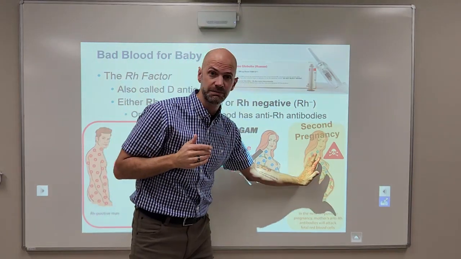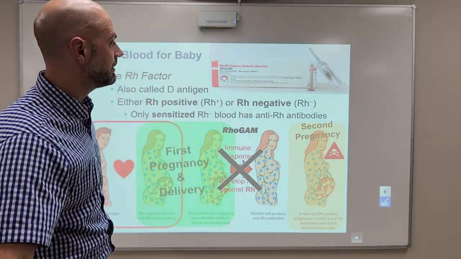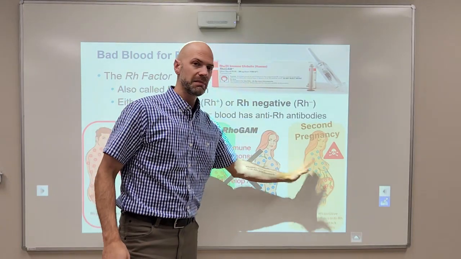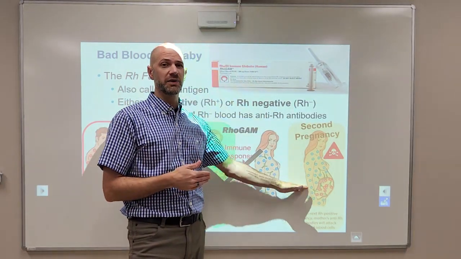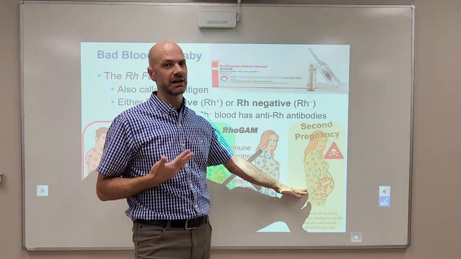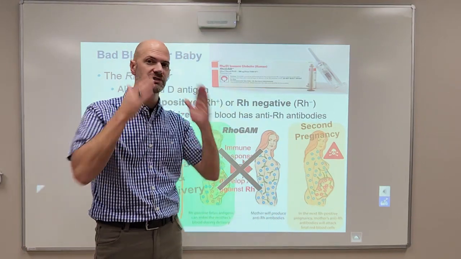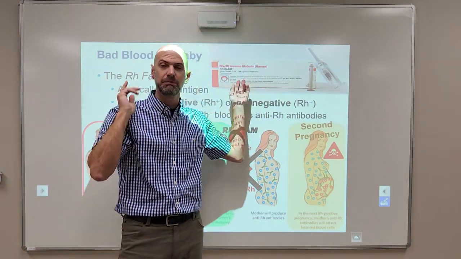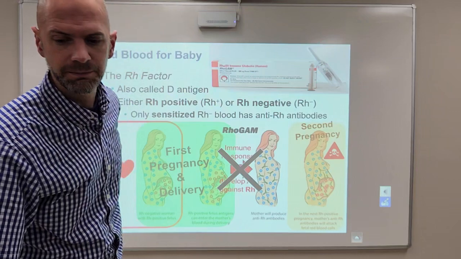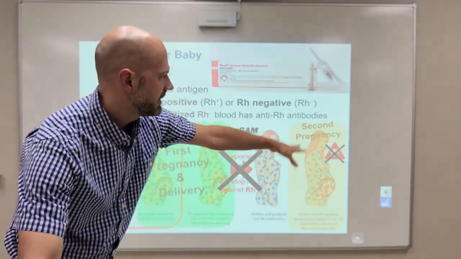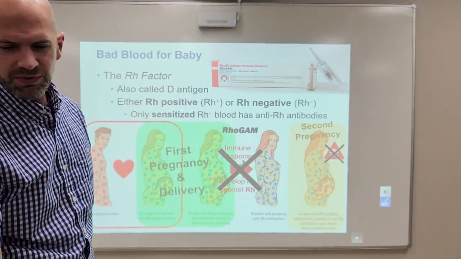So it never develops the antibodies, and therefore mommy can have multiple pregnancies with RH positive babies, and there's not going to be an issue because mommy's immune system has been blinded by RhoGAM. So we can stop the adverse effect.